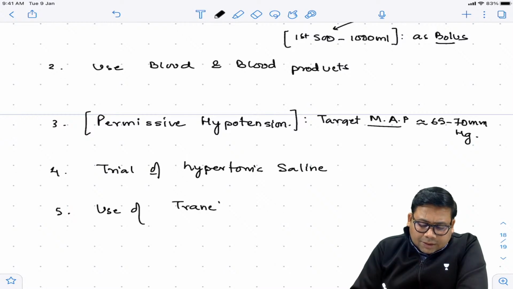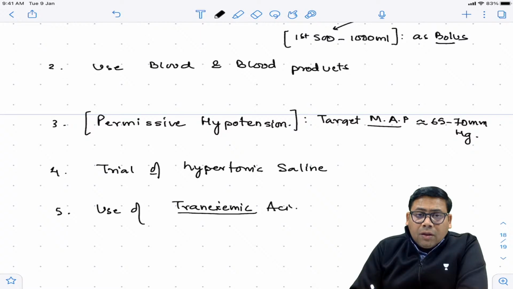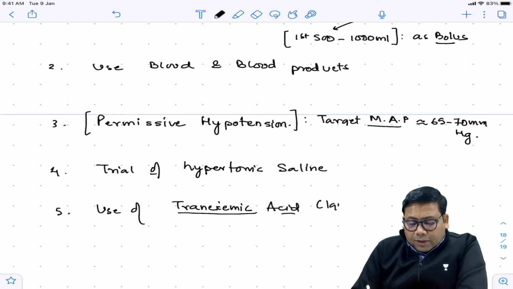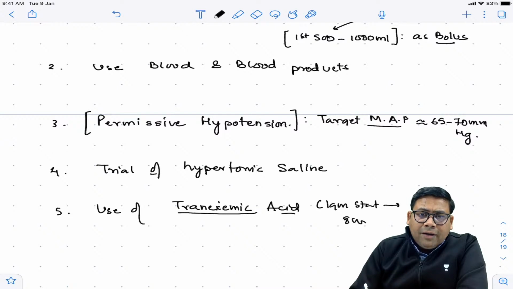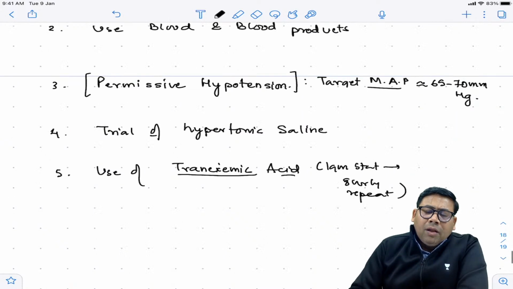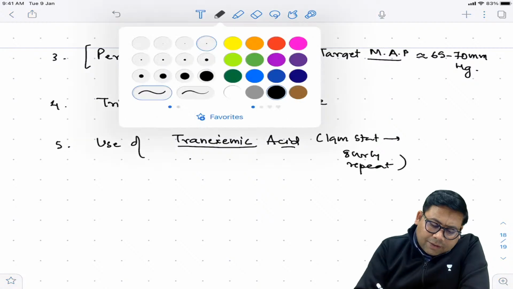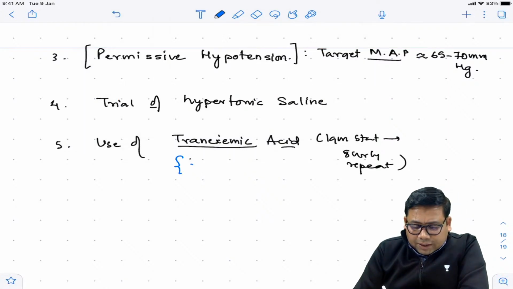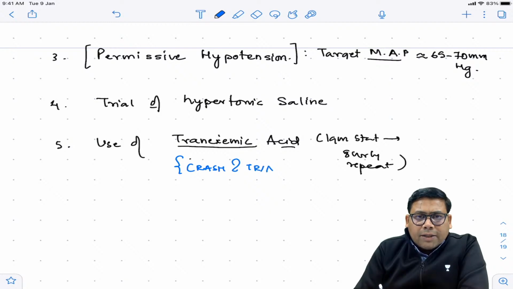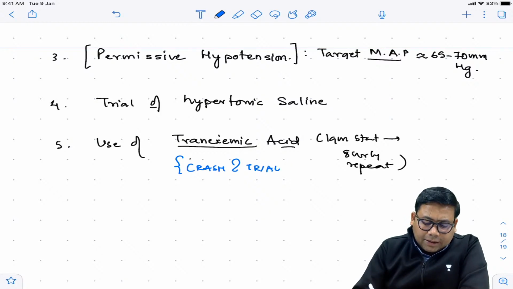There's a very famous trial. With tranexamic acid, you can give 1 gram to start, and then you can also go for an 8 hourly repeat dose. Up to 3 grams of tranexamic acid can be confidently used for the patient, and this is a result of a very famous trial, known as the CRASH-2 trial. It is very important and famous in this category.